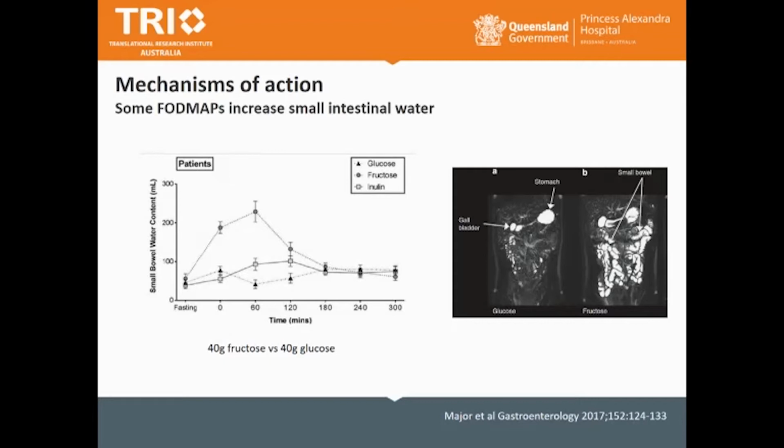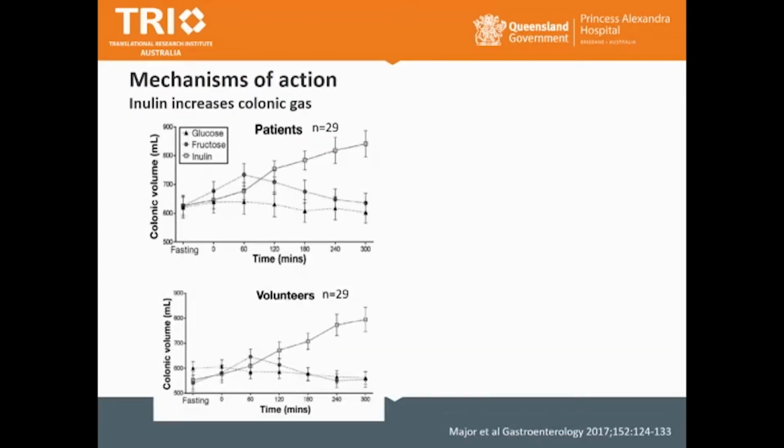You can see how little there is after glucose, because glucose we know is well absorbed high up in the small intestine, whereas the fructose is still present in the small intestine, has this osmotic pool, and there's loads of fluid all the way through the small intestine in that same patient at the same time point. So currently at this stage, this is one of the ways that we think FODMAPs induce symptoms, this effect on small intestinal water content in the lumen of the gut.